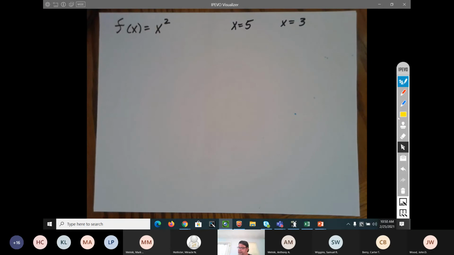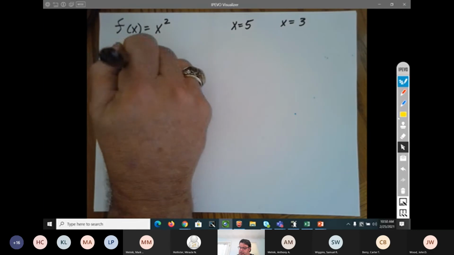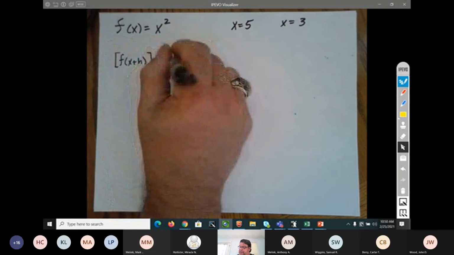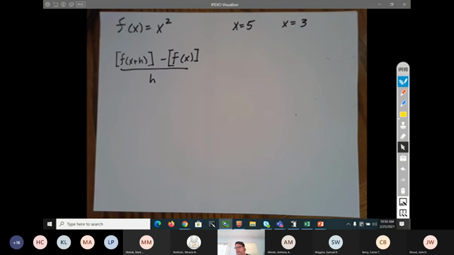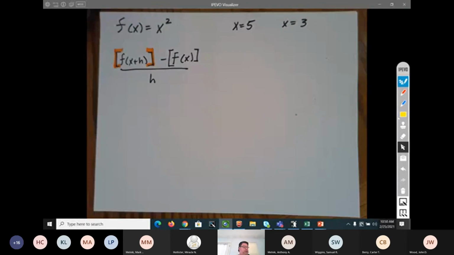All right, so here we go. I'm going to write f of x plus h, and I'm going to put that in brackets, minus f of x, and I'm going to put that in brackets, over h. To make it clear, I'm going to use my highlighters. We're going to do this in orange, and we're going to do this in yellow.